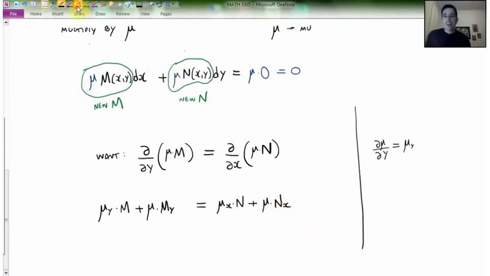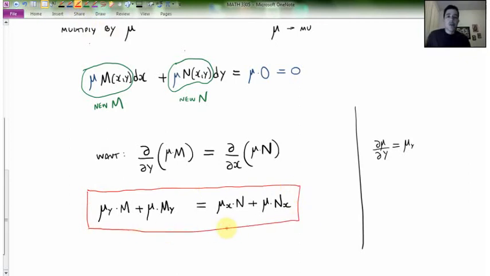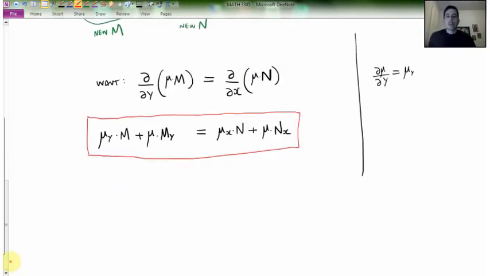Okay. Now the problem is that this is an equation where we can find mu, but it's a partial differential equation, right? See, we have derivatives with respect to y and derivatives with respect to x. It's very complicated. We don't have enough tools to be able to solve this type of differential equation. So what we're going to do is make some assumptions to simplify the problem. And pretty much all the ODEs that we solve with the exact equation method, we'll be able to do that.